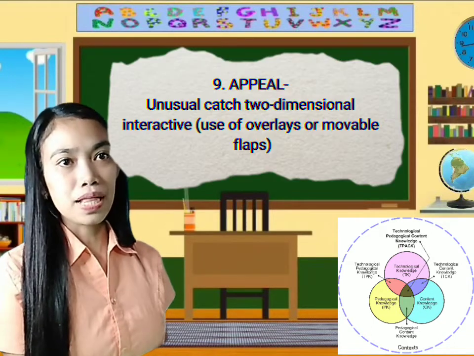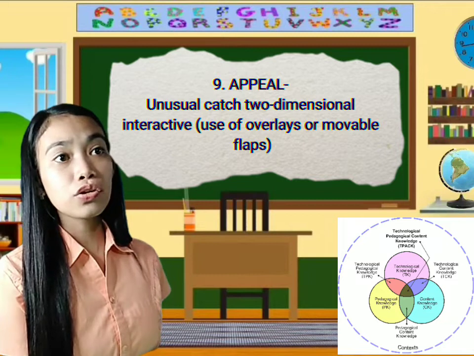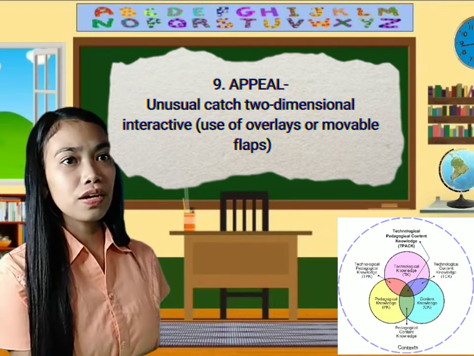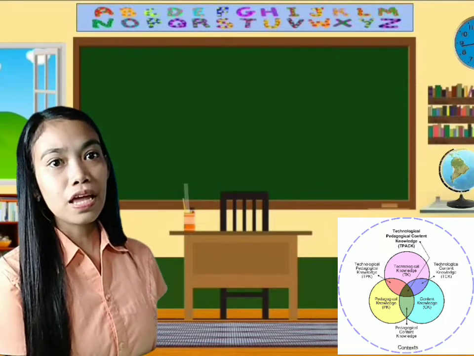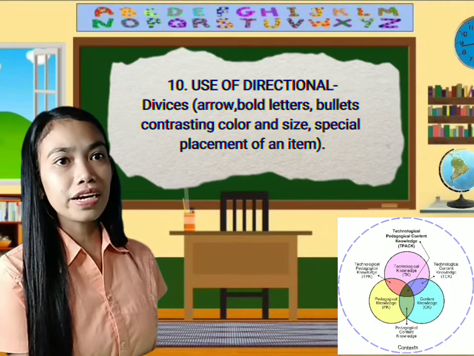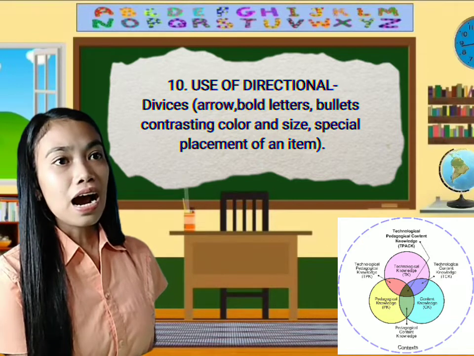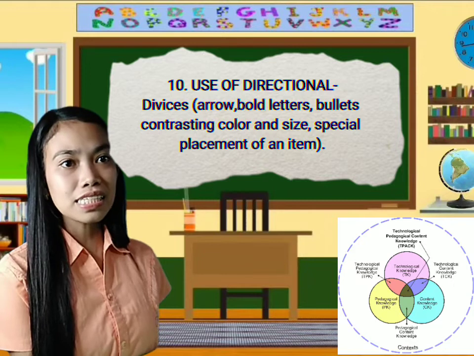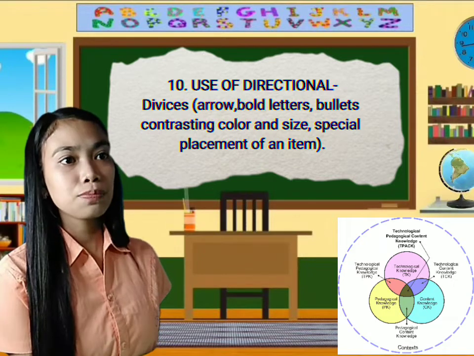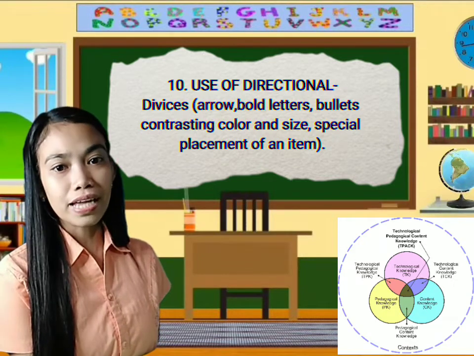Number 9, appeal: unusual, catchy, two-dimensional, interactive use of overlays or movable flaps. Number 10, use of direction devices: arrows, bold letters, bullets, contrasting color and size, and special placement of an item.